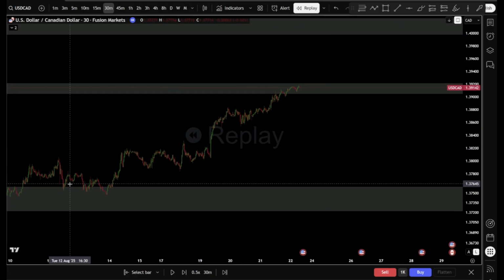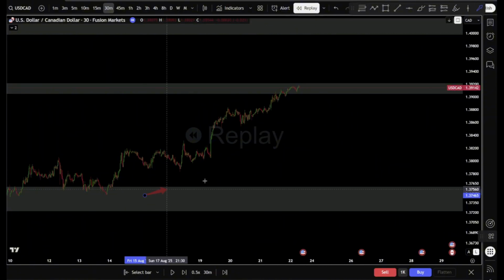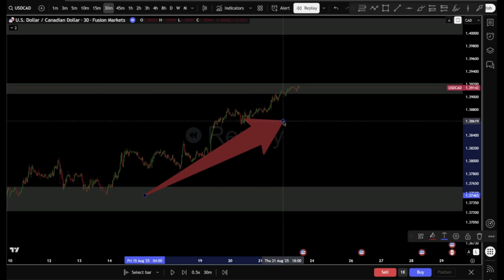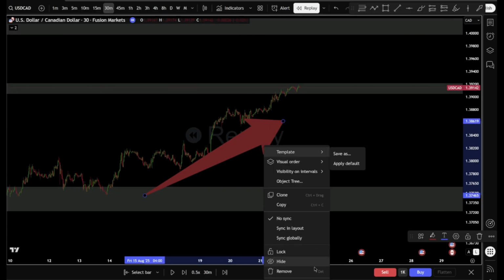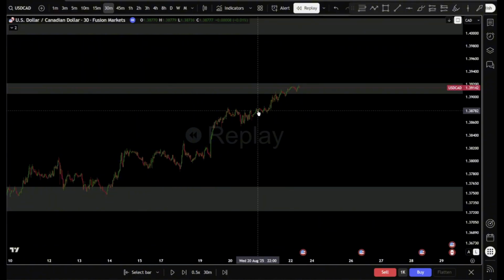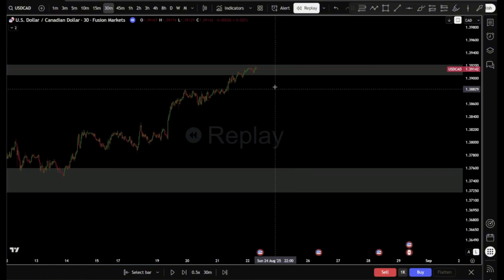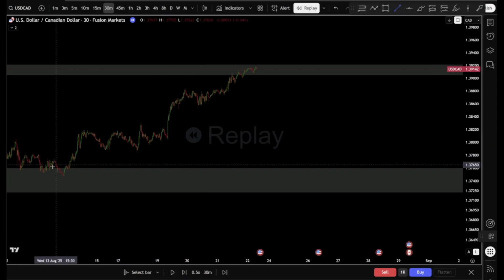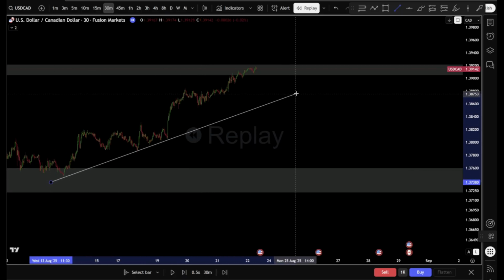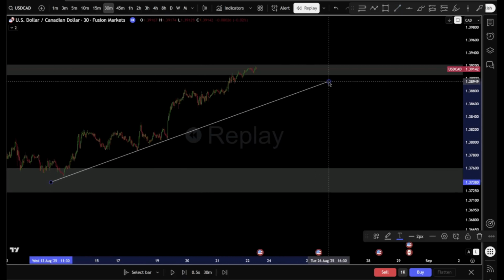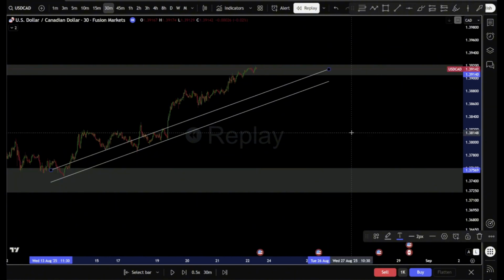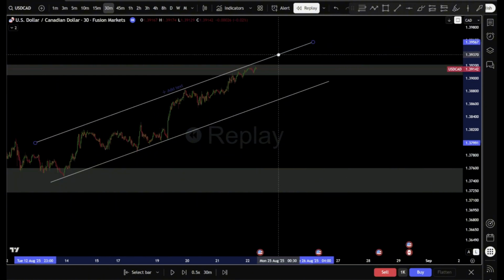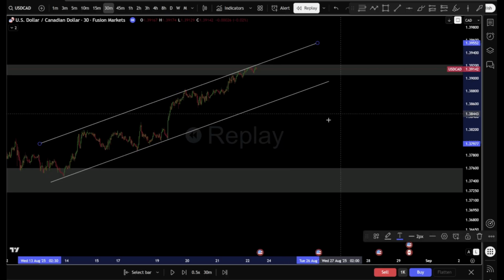We see that in the 30 minutes, it is making a clear uptrend. So we will draw our trend line, and we can make a channel also, just to have an idea where it's at.